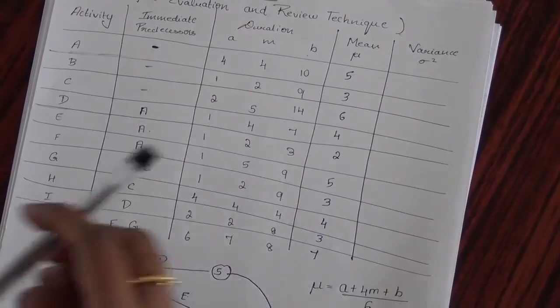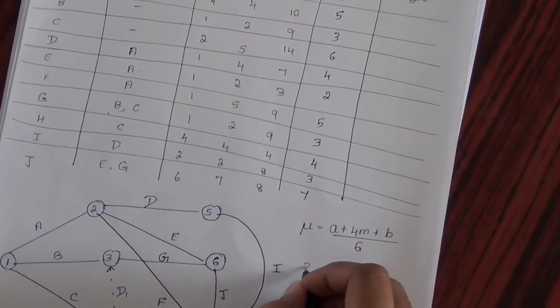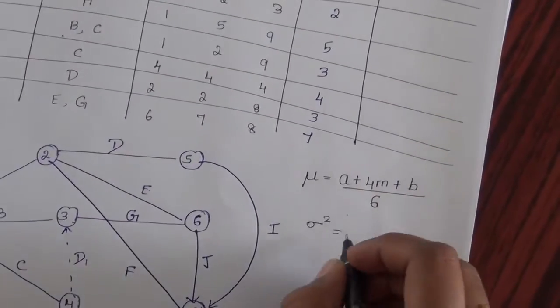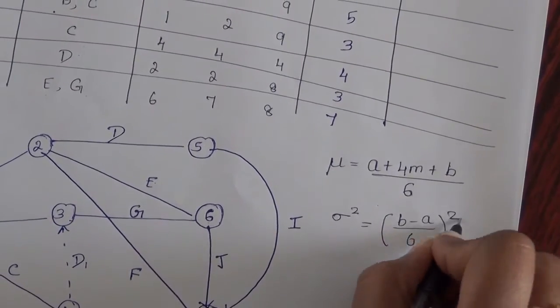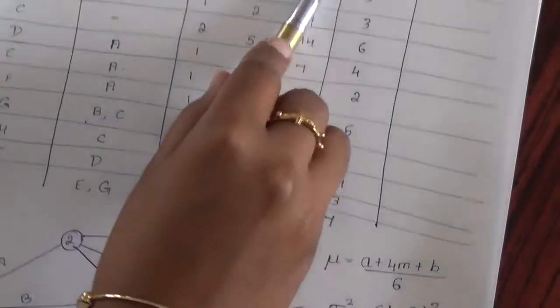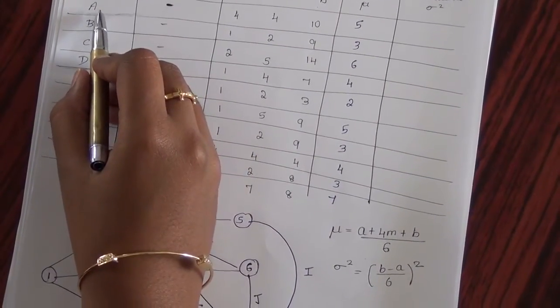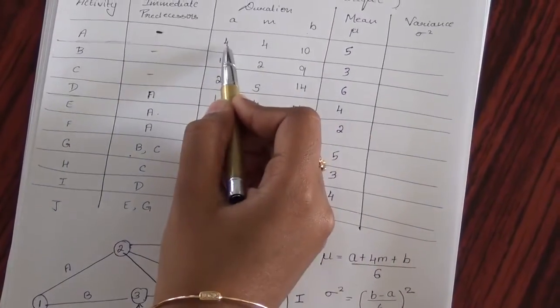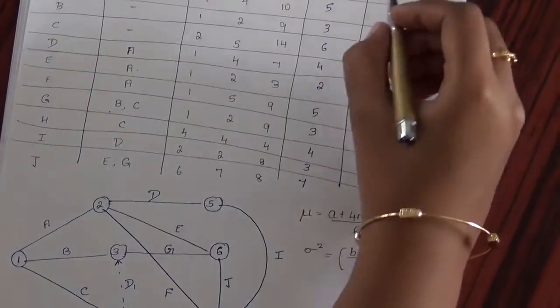Now going to the variance of each activity, that is nothing but sigma square. Its formula is B minus A divided by 6, the whole square. Here B is the pessimistic time and A is the optimistic time. Now for calculating the variance for activity A, it will be 10 minus 4 which is 6. 6 divided by 6 is 1. 1 square is 1.